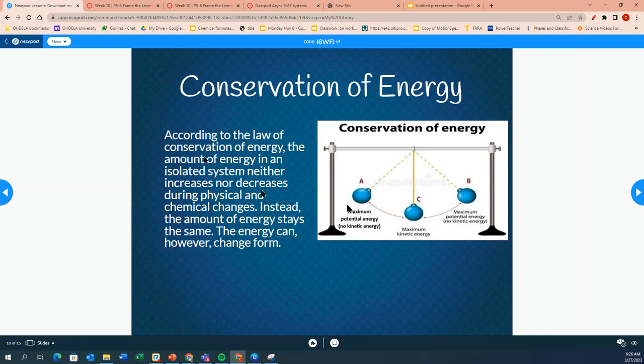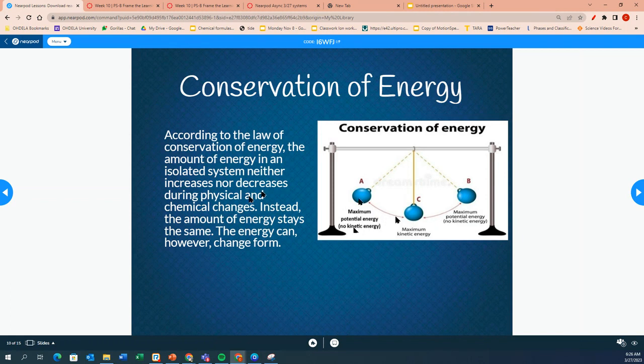So here, if you take a look at this pendulum, we have gravitational potential energy according to its position. Because of the maximum height here, it has no kinetic energy, so there's no movement. We're just holding it there in space. We let it go, and it loses potential energy according to its height, but it gains kinetic energy.